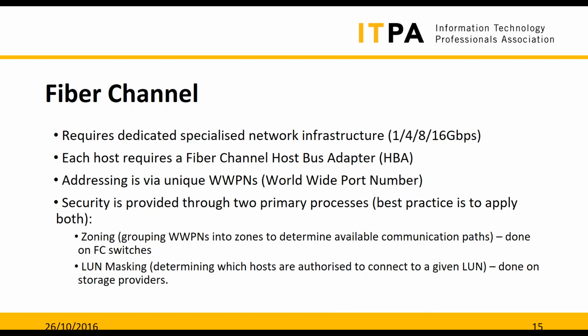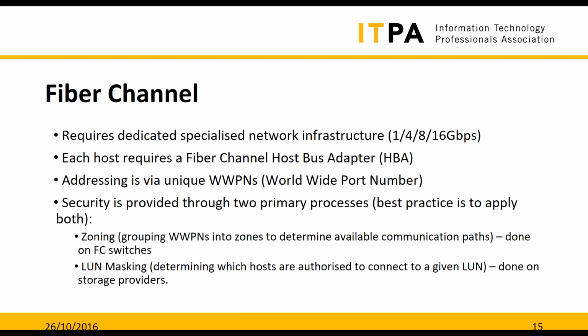As you go through more recent iterations, those speeds have increased. So each host requires a fiber channel host bus adapter, or HBA, ideally 2. Addressing in fiber channel is done via a unique identifier called a WWPN, or a worldwide port number.